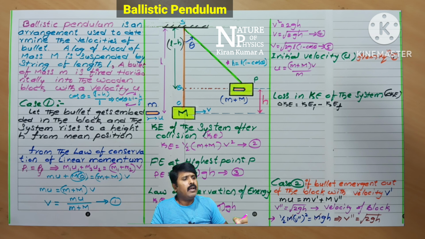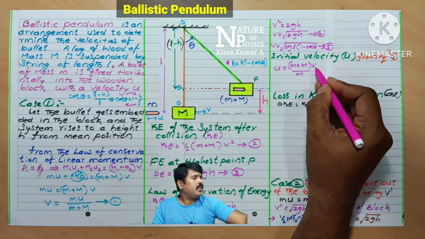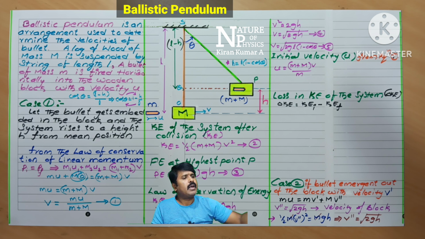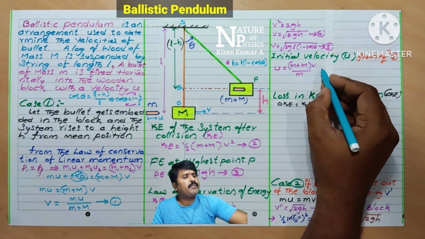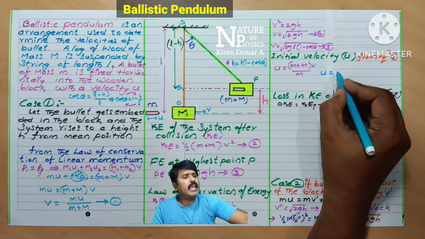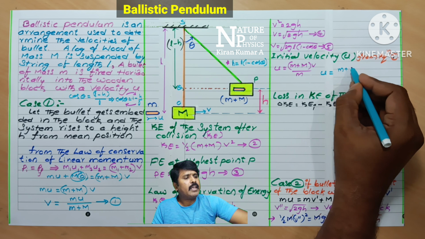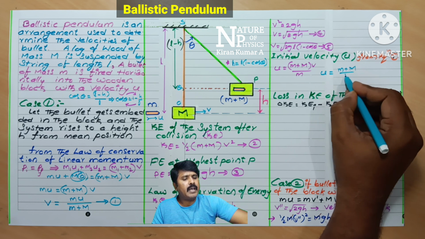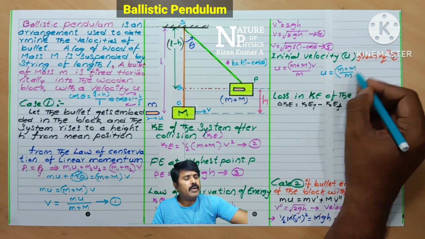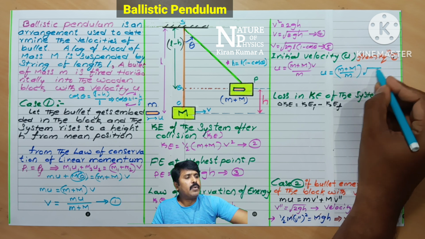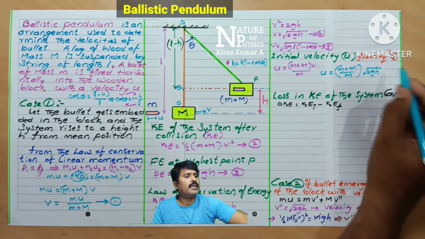Clearly given there, and here we have two velocity values, so replacing them, u is equal to (m plus M) divided by small m into v, where v is root over 2gh.